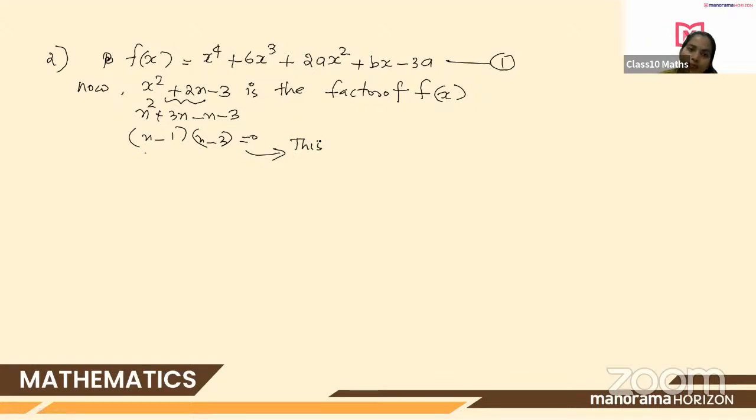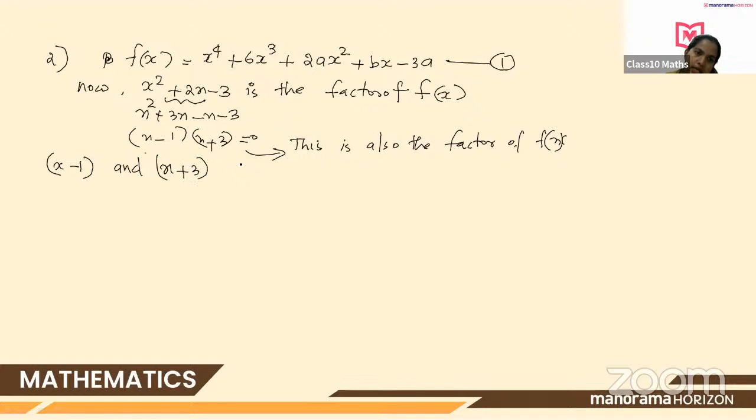So if x square plus 2x minus 3 is a factor of f of x, then its factors x minus 1 and x plus 3 are also factors of f of x.